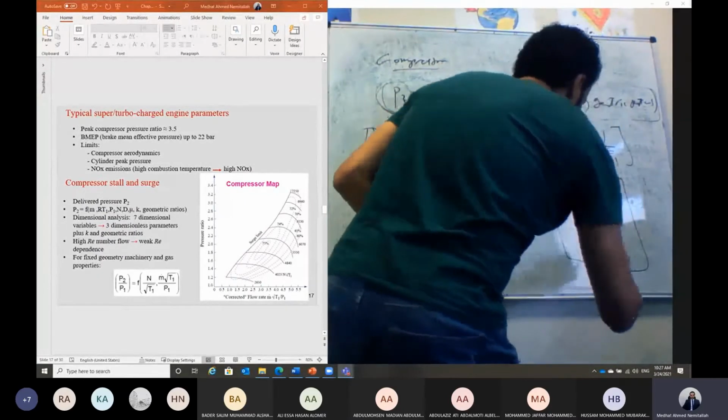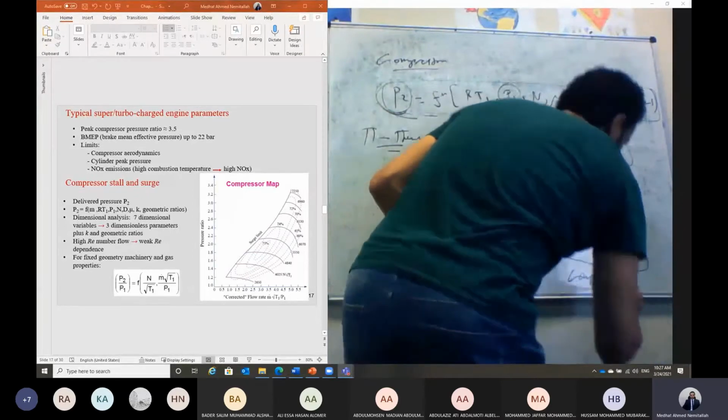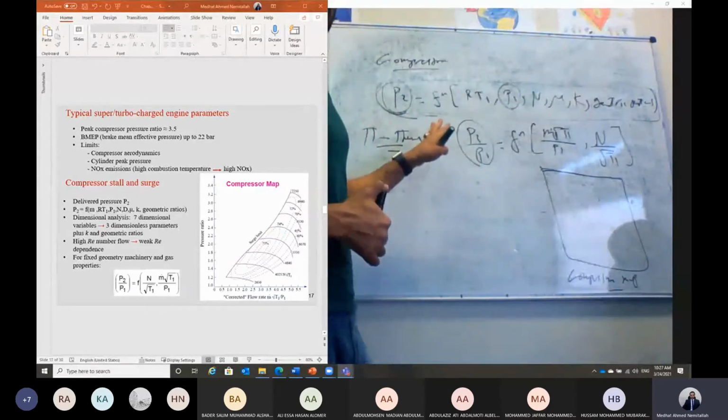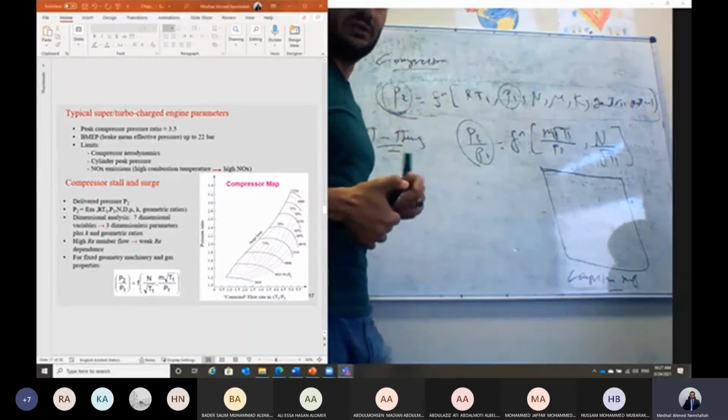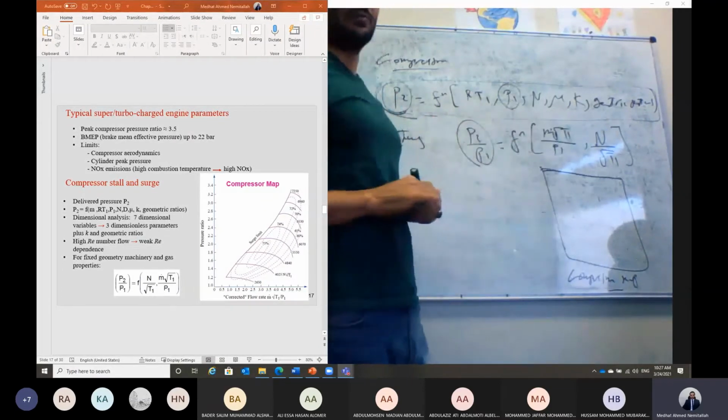So this is the compressor map. For any compressor, not only for a turbocharger but for any application in industry, the manufacturer should give you the compressor map.